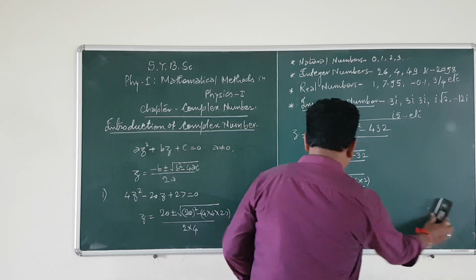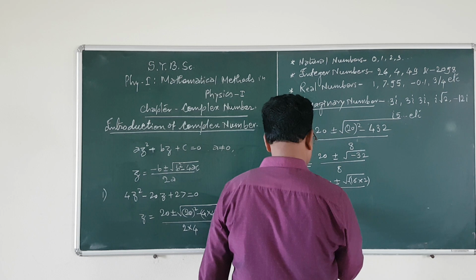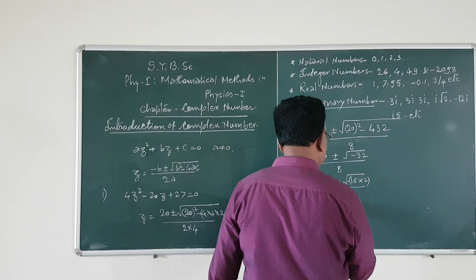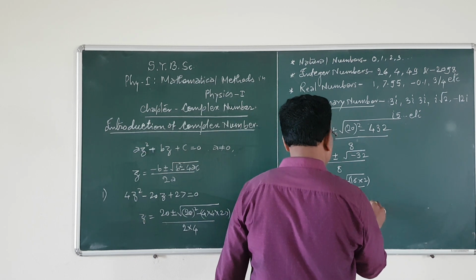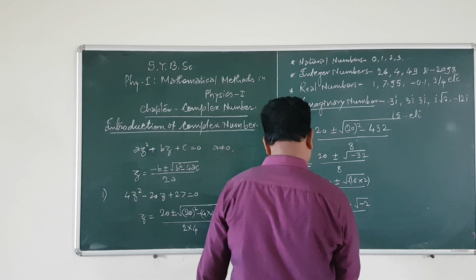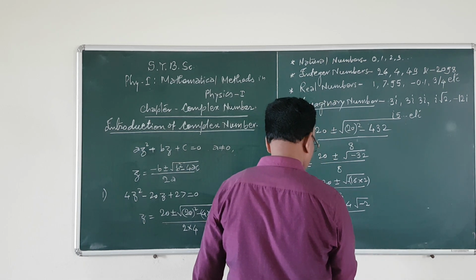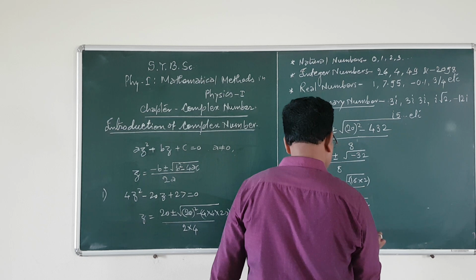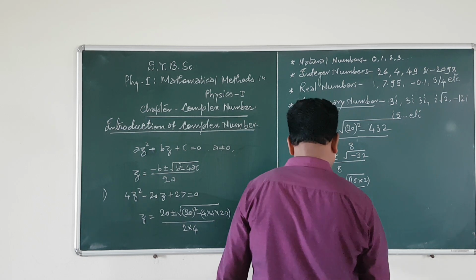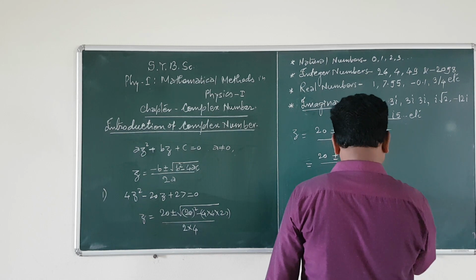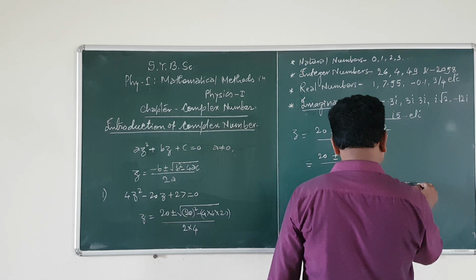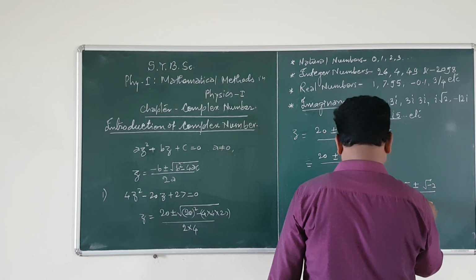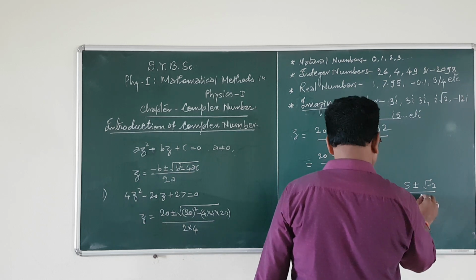After solving this term, we will get 20 plus minus the value of root 16 is 4 under root minus 2 upon 8, and lastly after solving this term we will get 4 into 5 plus minus root minus 2 upon 8, and after solving this term lastly we will get z is equal to 5 plus minus root minus 2 upon 2.